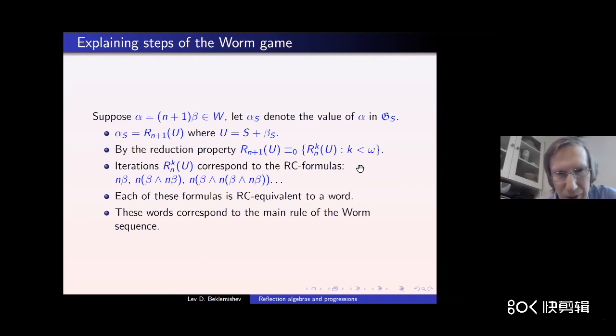The operators Rn^k are representable in our structure by this modality n, and Rn^k of U corresponds to particular formulas written out here. If beta is the remaining part of alpha, then Rn^k of U corresponds to the formulas n beta, n of beta conjunction with n beta, and so on.